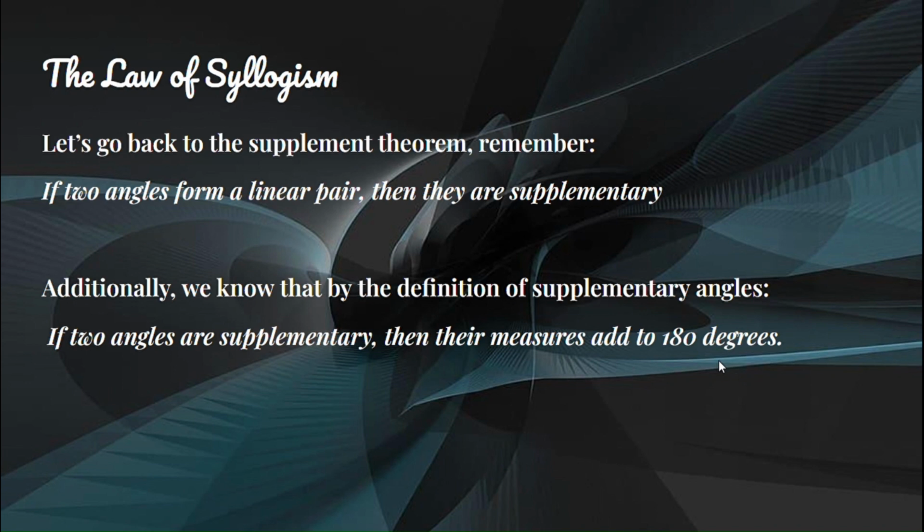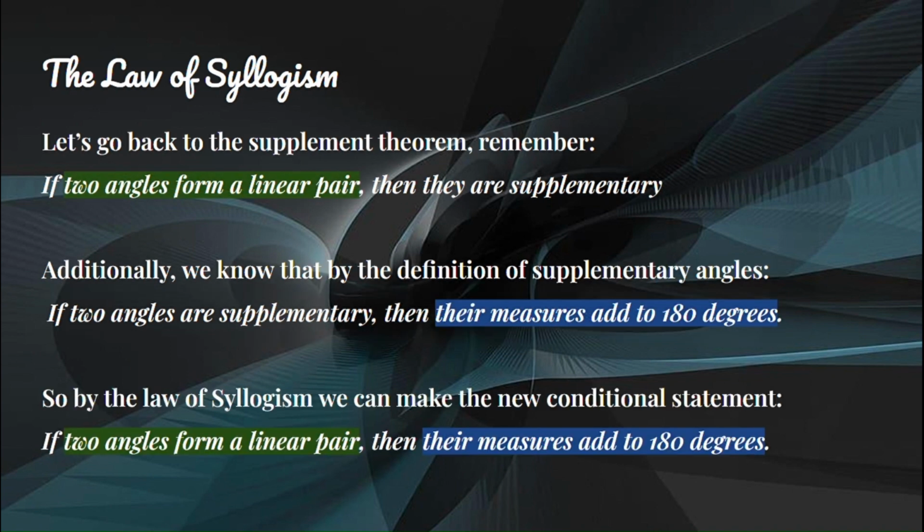Now notice here, the conclusion of the first statement, they are supplementary, matches the hypothesis of the second, if two angles are supplementary. They're not written exactly the same, but this is where we use those ELA skills. And so by the law of syllogism, if two angles form a linear pair, then their measures add to 180 degrees.